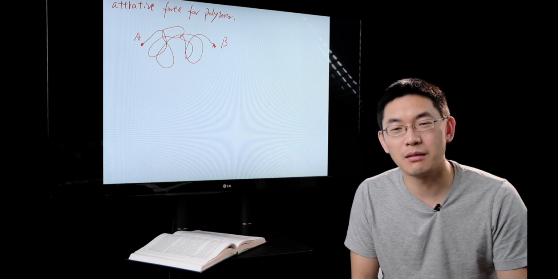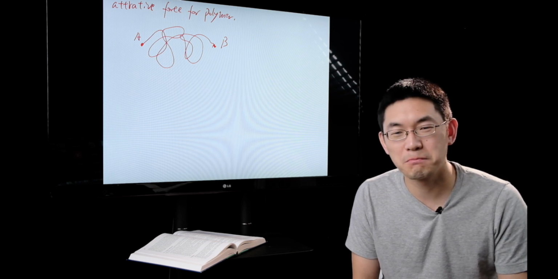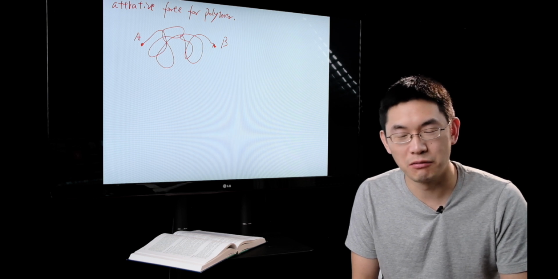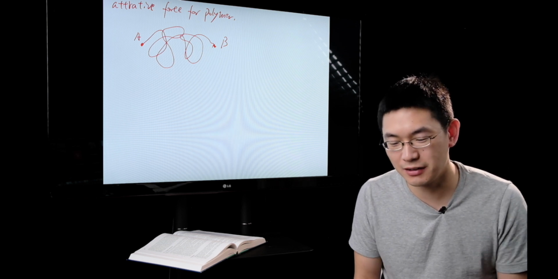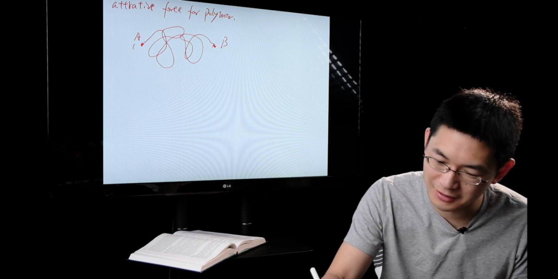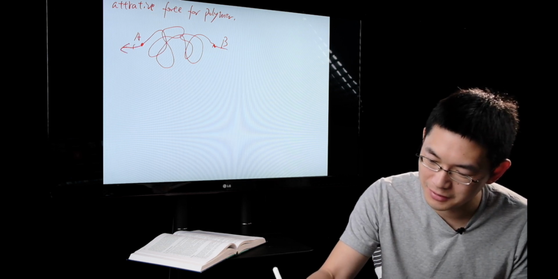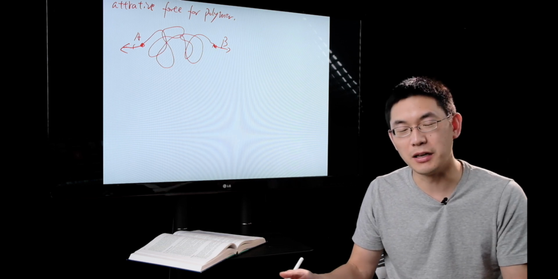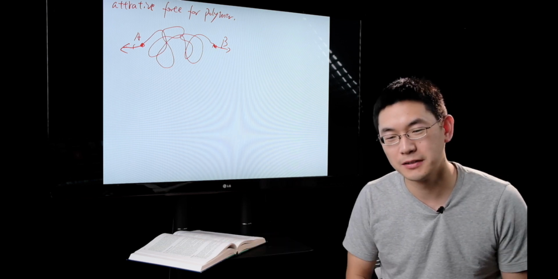You and me are both going to be cast under a spell. We're going to shrink by 1 billion times. So now I'm going to be a nano man. I can hold this area, and you can hold chain end B, and we can start to pull it.